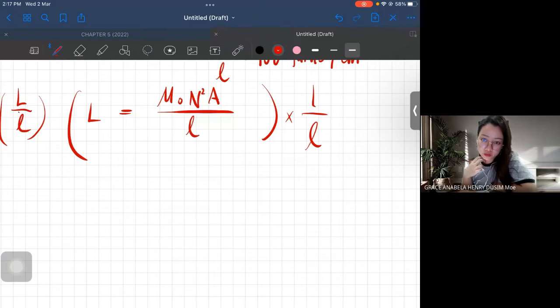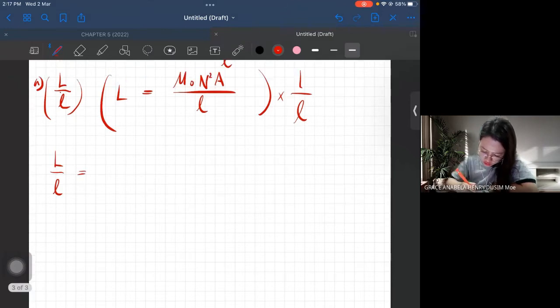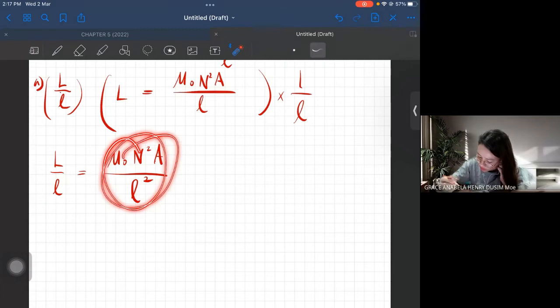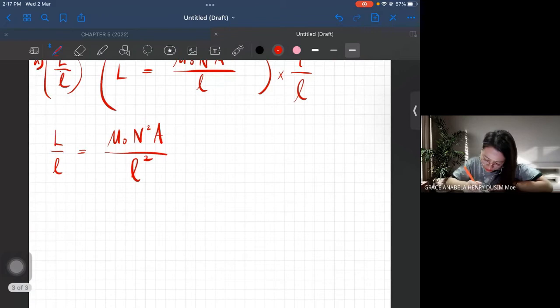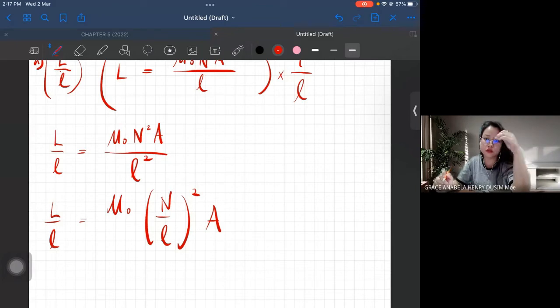We need to multiply it by 1 over L. Why? Because we need self-inductance per unit length. So we have mu naught N square A over L square. When you look at this, we can combine N over L, because both are squared: N over L square A.